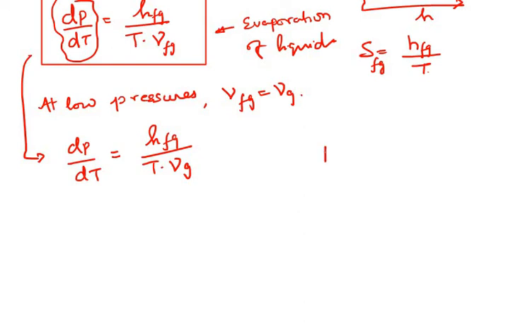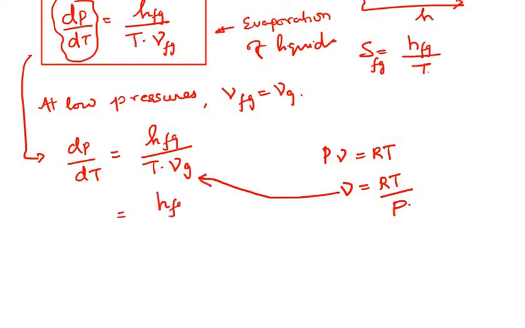Also we know that PV is equal to RT, or V is equal to RT/P. So instead of V I am substituting RT/P. This is equal to hfg divided by T times RT/P.